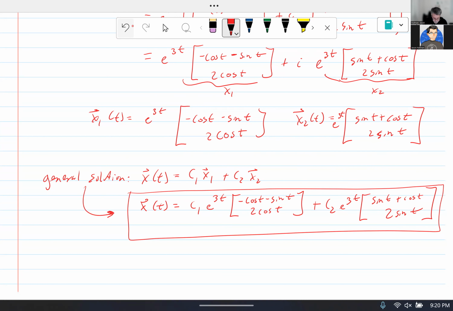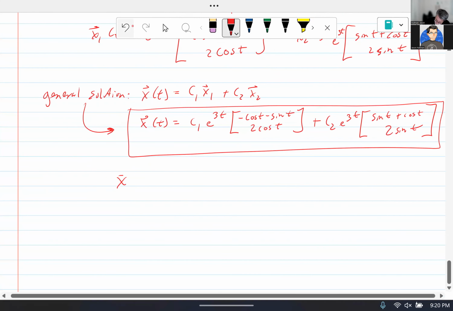Okay, but what's the particular solution? Well, they tell me that for x naught, we have 1 and negative 3.